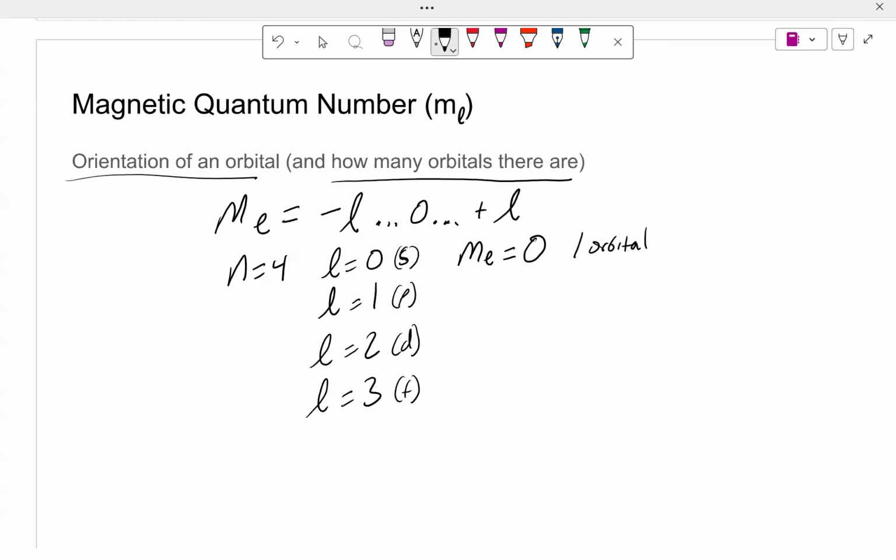So the number of values M sub L can take tells you how many orbitals there are in that subshell. If L is 1, what are the possible values of M sub L? Well, -1, 0, and +1, which is 3 orbitals.